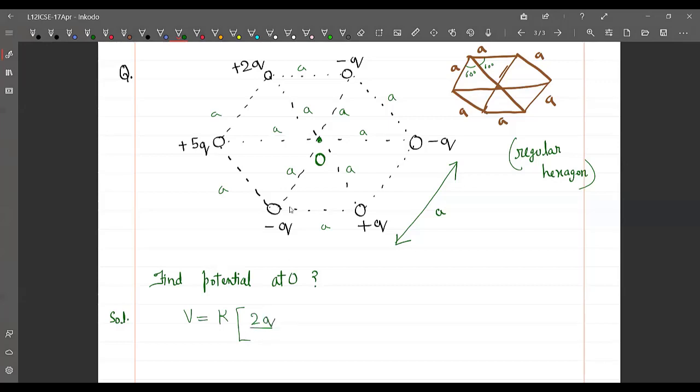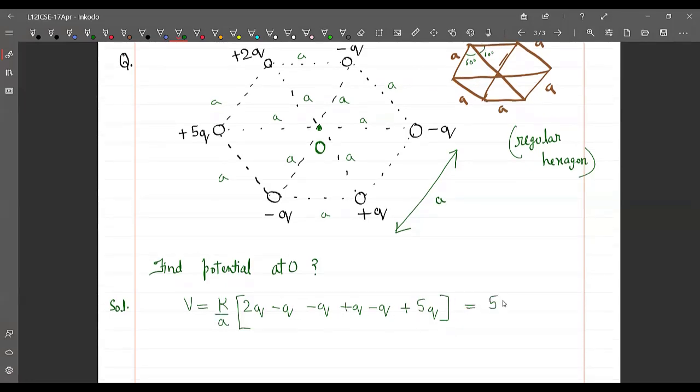All the charges are separated by a distance a from point O, so I can take a common and add up the charges: 2Q minus Q minus Q plus Q minus Q plus 5Q. This point is a distance away from all the charges, so the final answer is just 5kQ by a. This is the potential at point O.